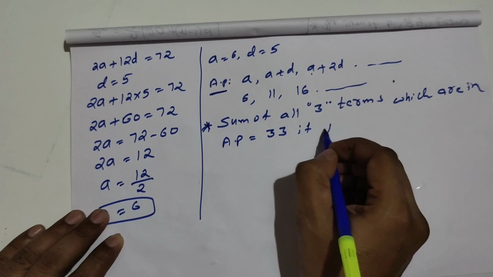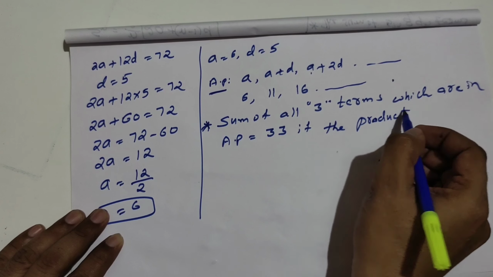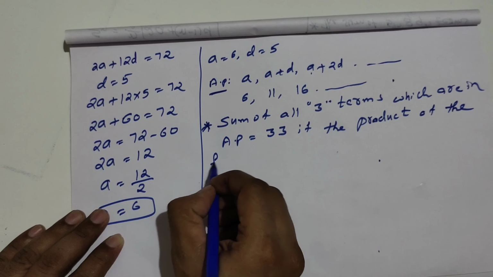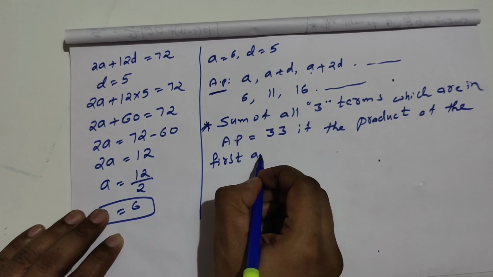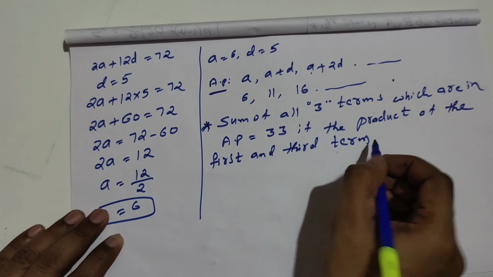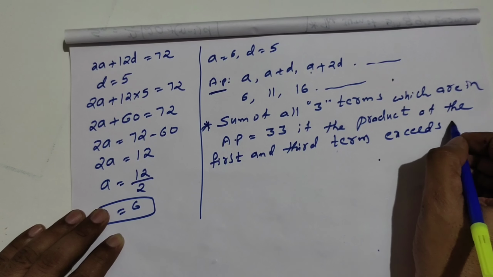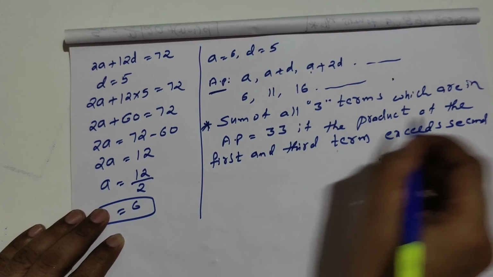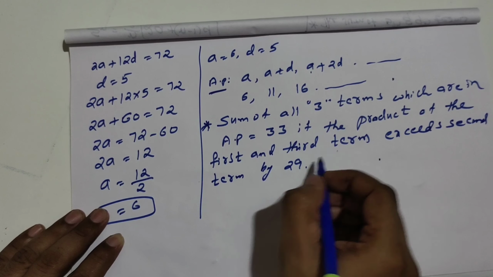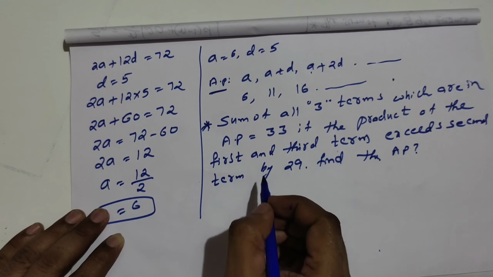If the product of the first and third term exceeds the second term by 29, find the AP. And this is also a very easy one.